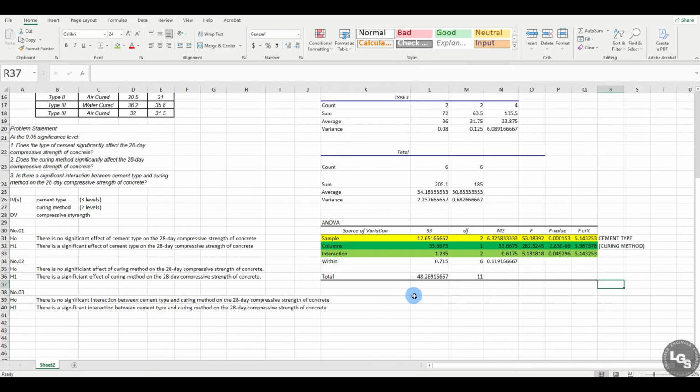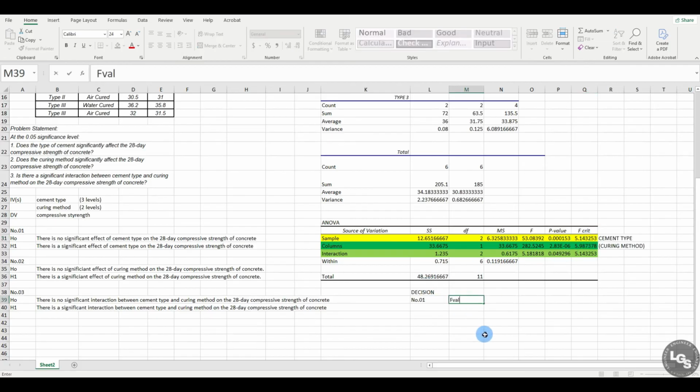So for our question number 1, here is our decision. Based on our ANOVA table, the F value for the cement type is 53.08, whereas the F critical is 5.14.